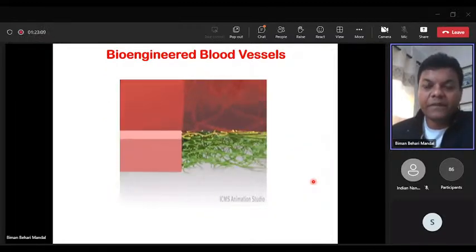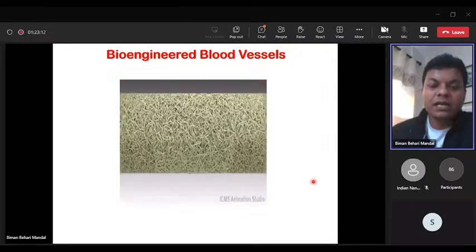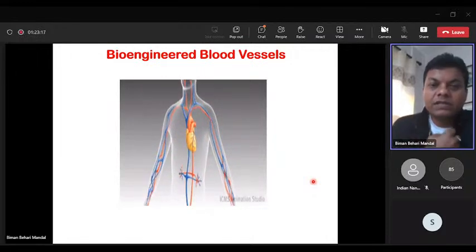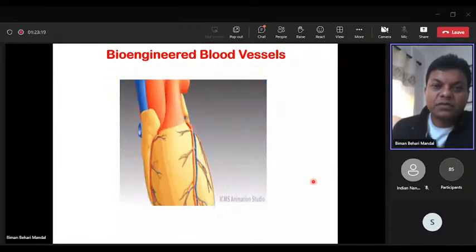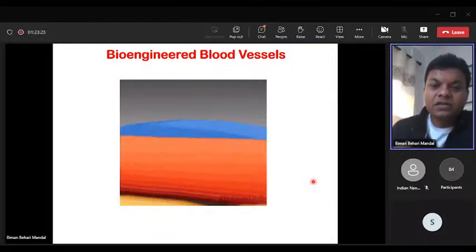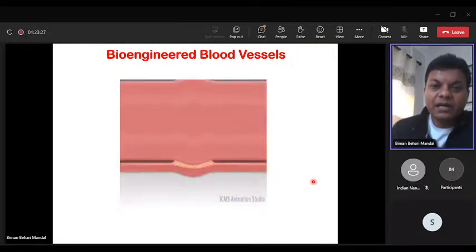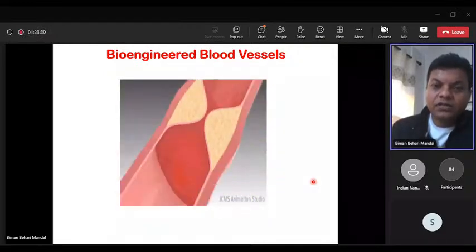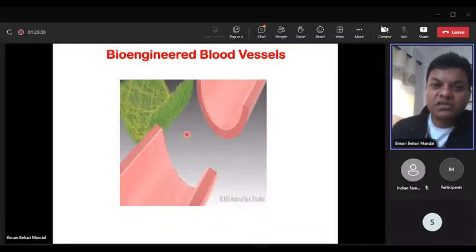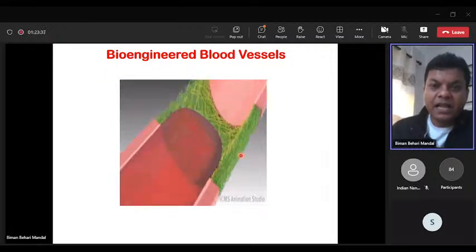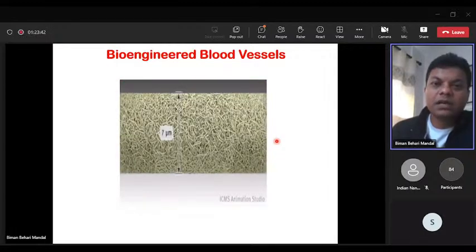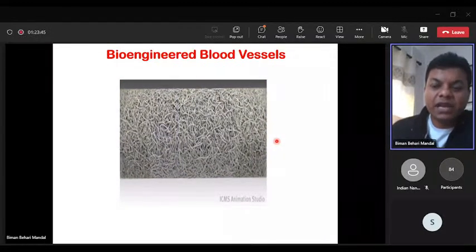Now, blood vessels, we all know, are the highways in the body where the oxygenated blood is carried from the heart to the different parts of the body through the arteries, and the veins carry the deoxygenated or spent blood to the heart for oxygenation, right? So what problem arises is occlusion or deposition of cholesterol or fats in the artery, and this, as the video is showing you, clogs the flow of the blood, and because of which secondary complications arise.